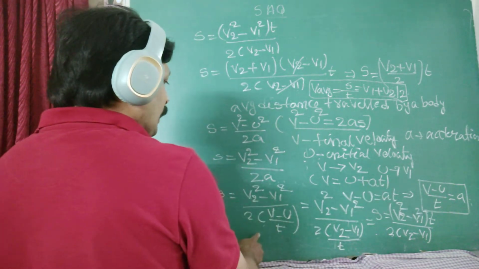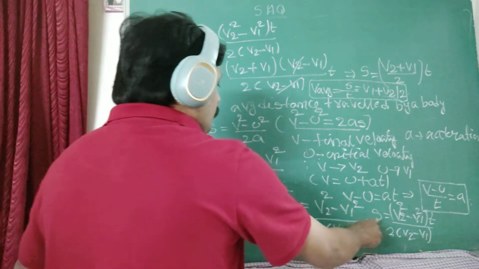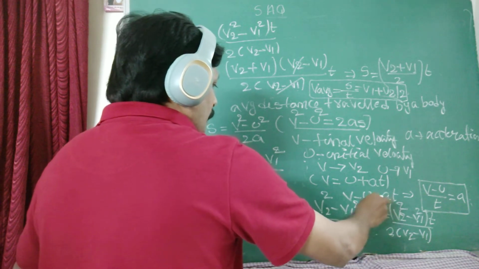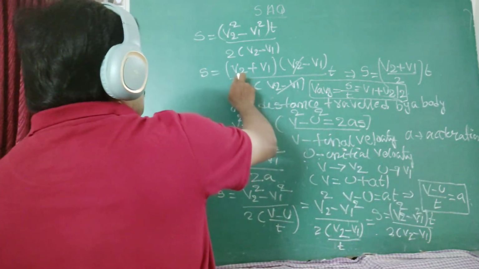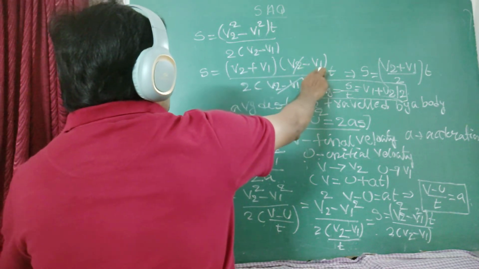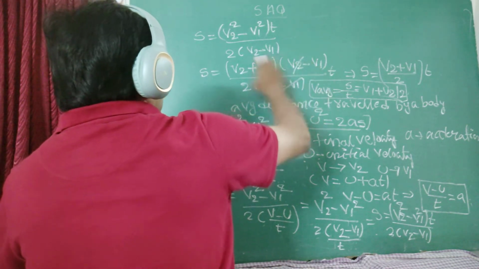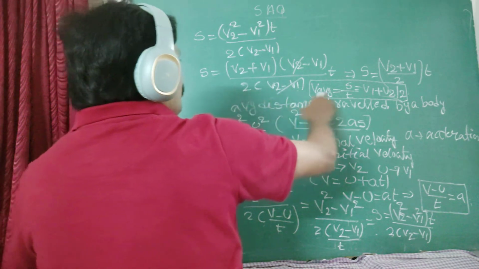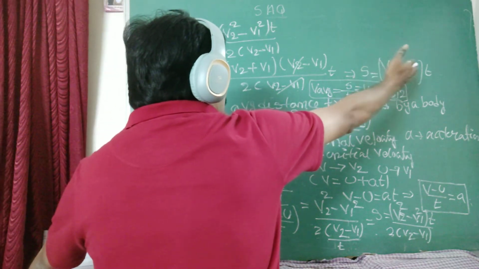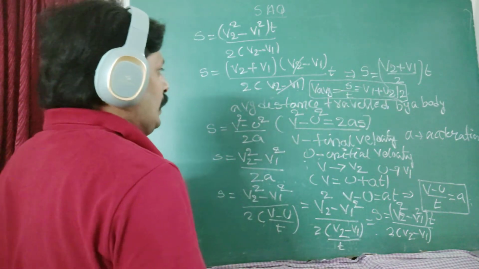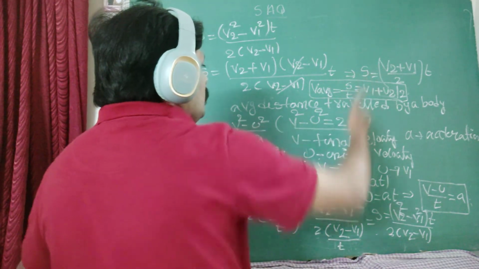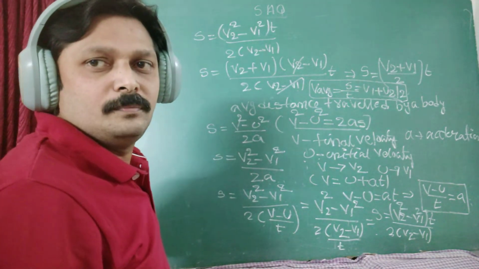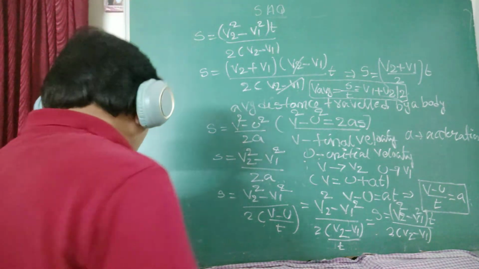Then substitute here step by step, solving the numerator in the simplified form, that is v2 plus v1 into v2 minus v1. The common terms are cancelled. Then s equals v2 plus v1 by 2 into t. The distance by time is nothing but average velocity. What value you want, that one you have to obtain. s by t equals v1 plus v2 by 2. Take this.